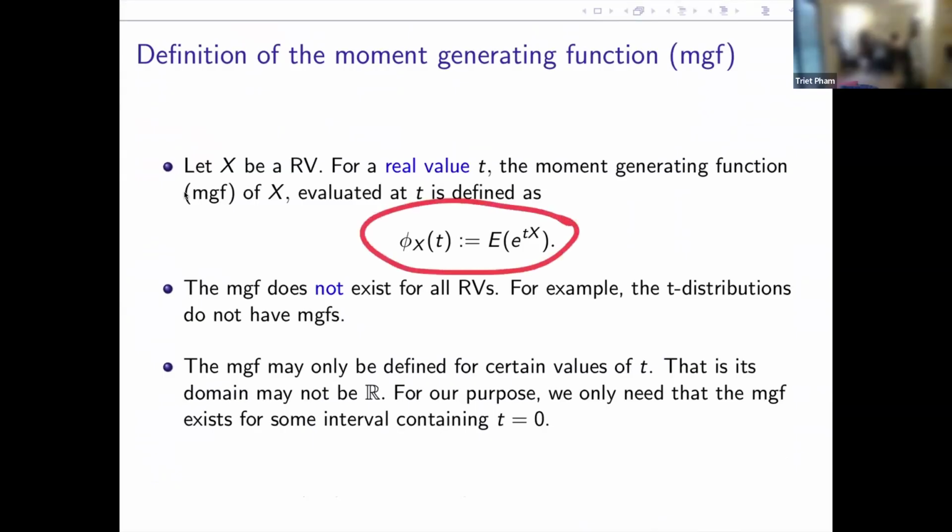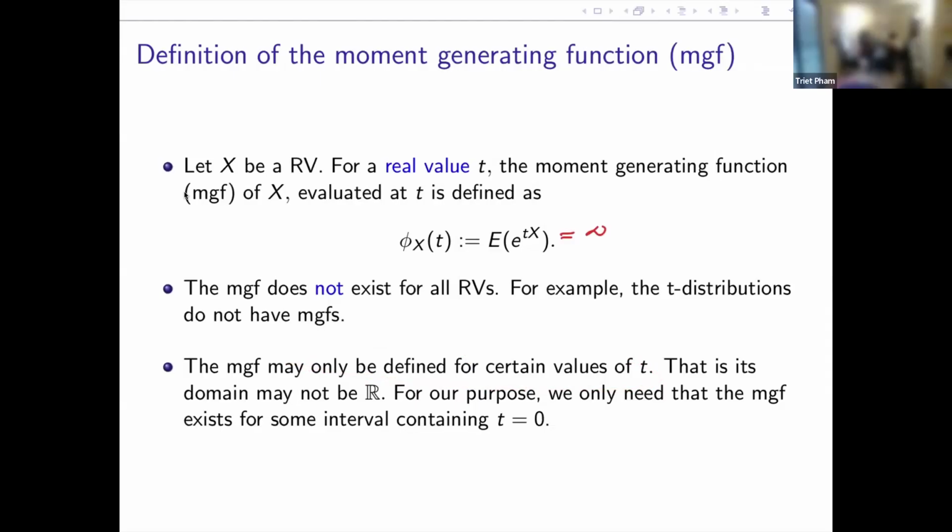Just because you can write down an expression doesn't mean it exists. It could be infinity for any value of t. In that case, the moment generating function does not exist. And even when it exists, it may only exist for some values of t. It doesn't exist for all values of t.